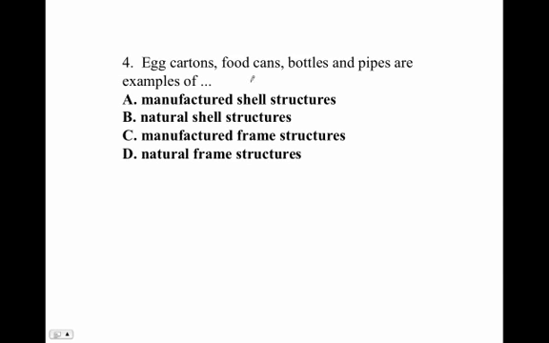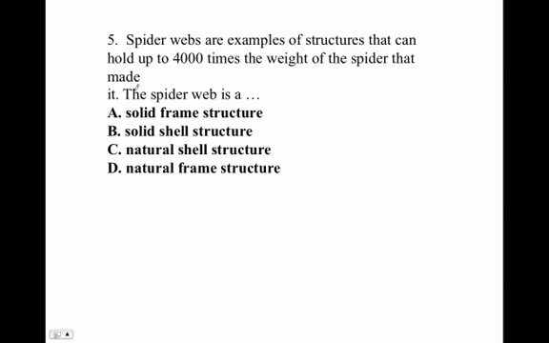Egg cartons, food cans, bottles, and pipes are examples of... Are they all man-made? Shell. An egg carton, a food can, a bottle, a pipe. Once they're empty, they're all hollow inside. Are they natural? No. Are they man-made frame? No. Bottles aren't frames, so I would say they're A, manufactured shell.